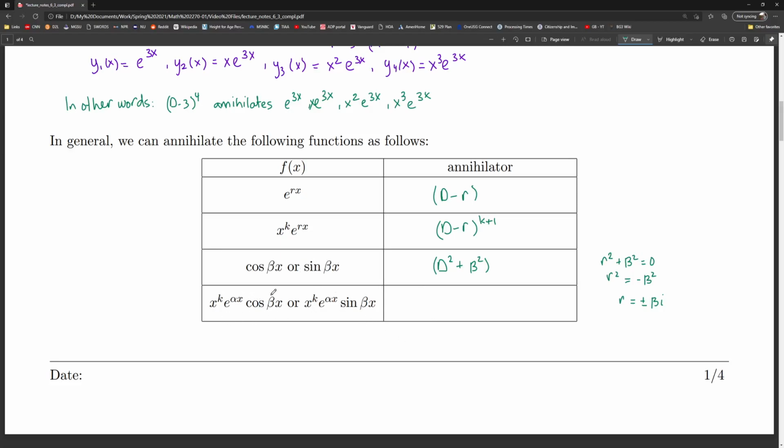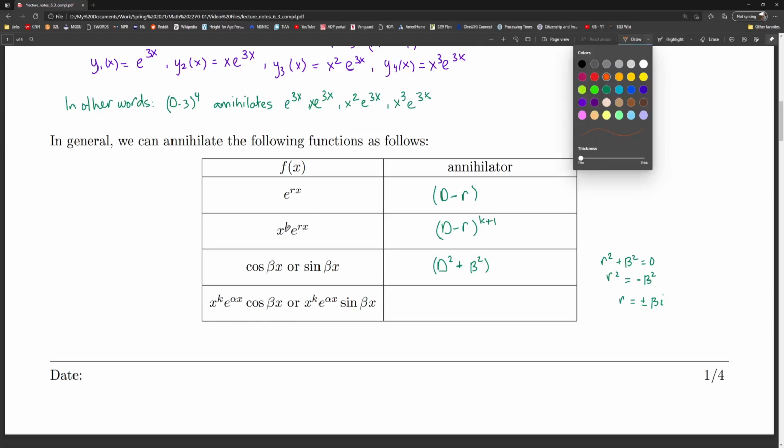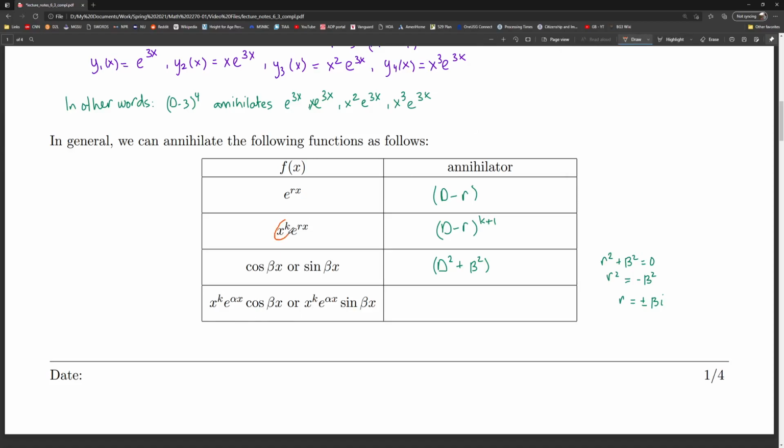And then again, if we have x to the power k in front of a cosine or a sine, we get a similar behavior as we saw here.